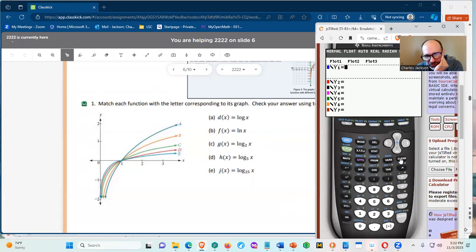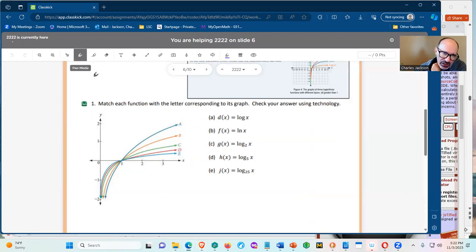Instead of A and B, let's do C, D, and E. Let's look at C, D, and E. Log base 2 of x. Now, the question is, how do you even put that in the calculator? The calculator does allow you to put a different base if you know where to find it in the menus.